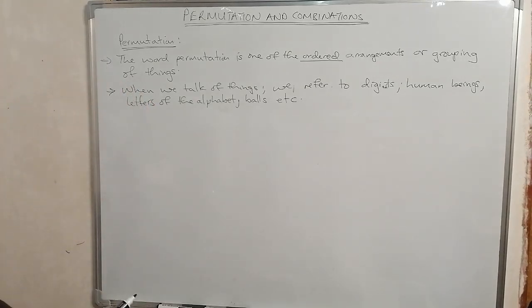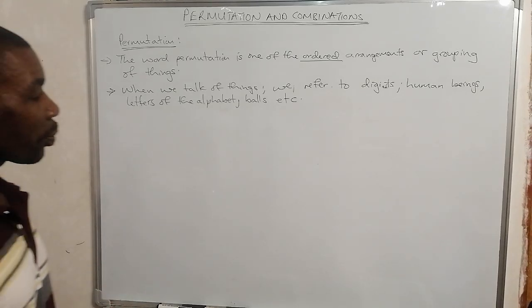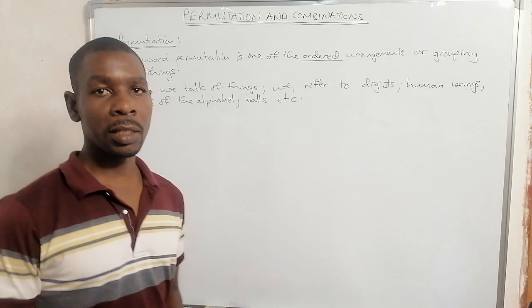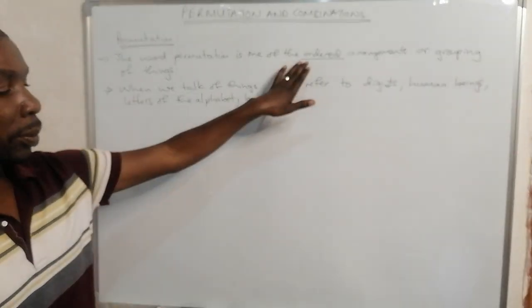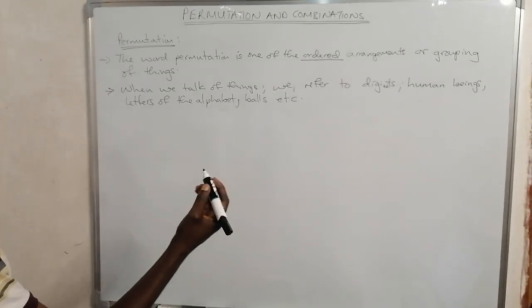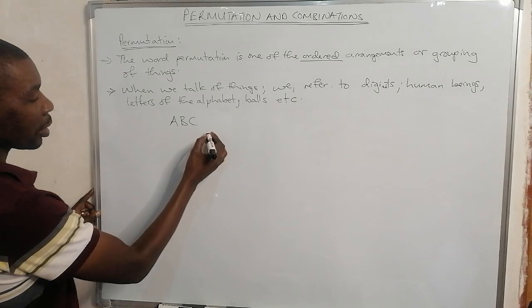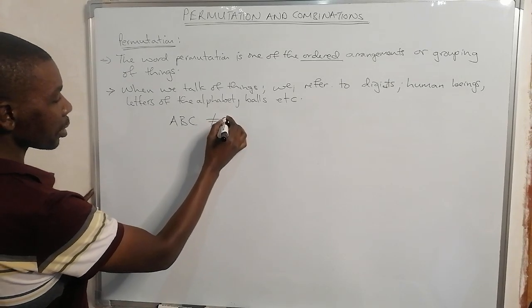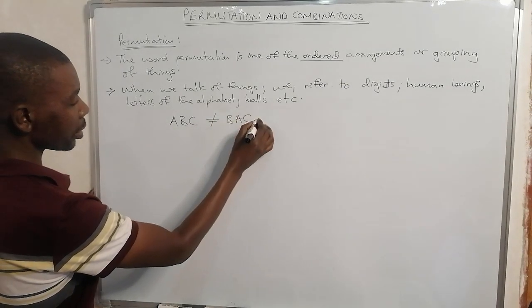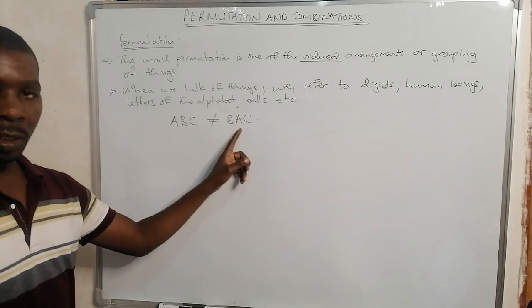The word order in permutation matters most. Let's take for example A, B, C is not the same as B, A, C under permutation. This order is different to this order.